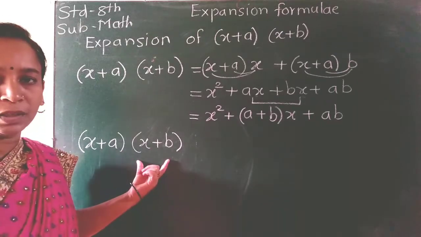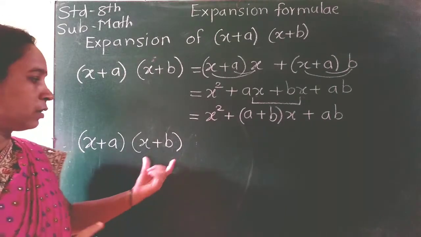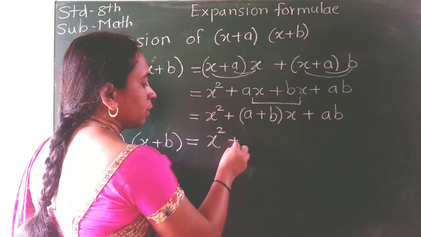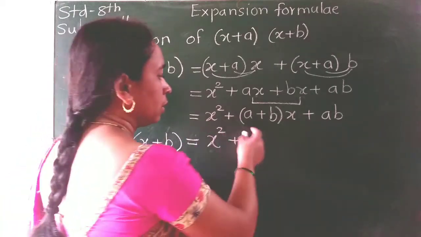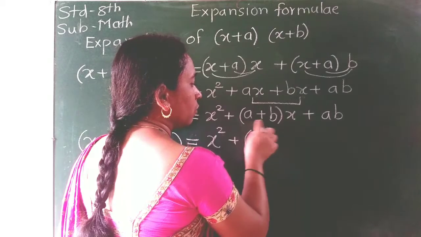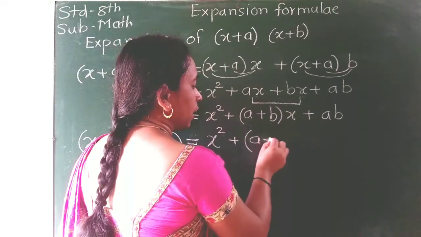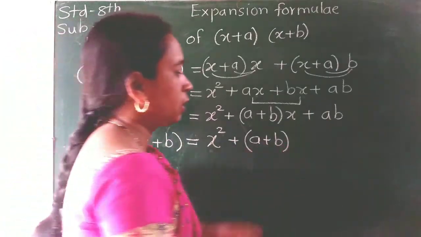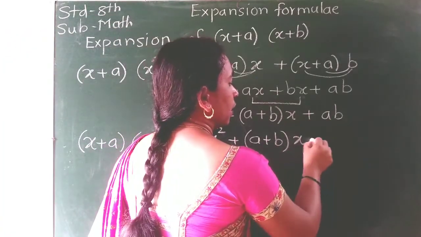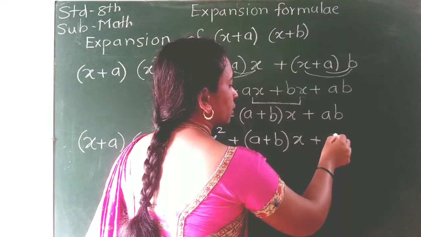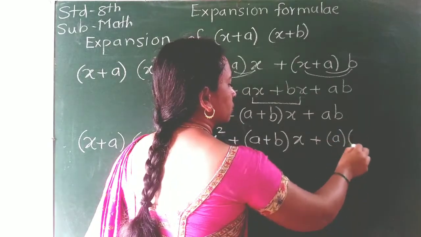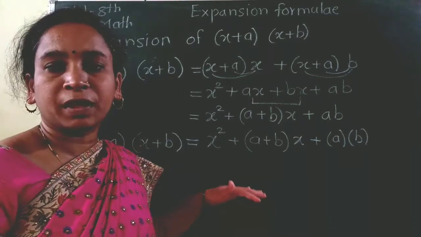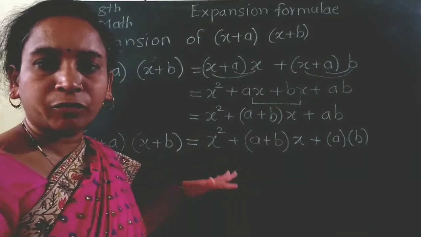The product of two binomials with one common term is equal to the common term squared, x square, plus the sum of the two different terms, a + b, into x, plus the product of the two different terms.